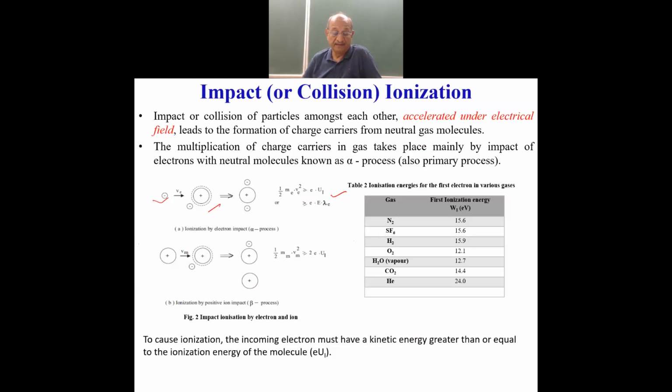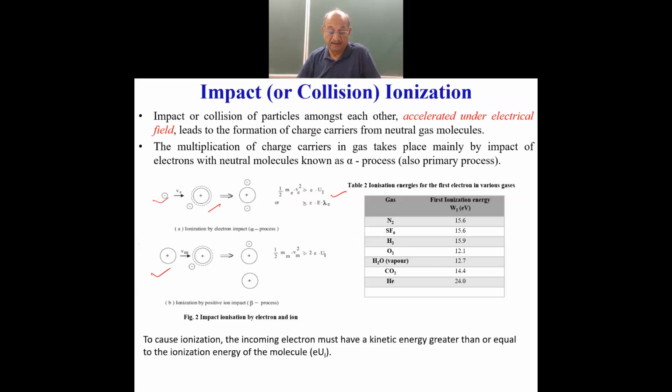Ionization by electron impact is the alpha process, and in the lower figure, ionization by positive ion also takes place. As you can see, a positive ion is made here. The positive ion makes impact with another neutral molecule and ejects an electron, and that is how the energy there is more.